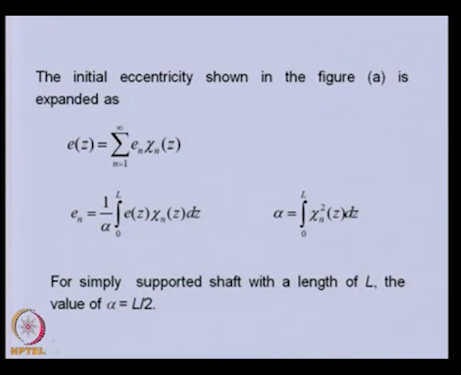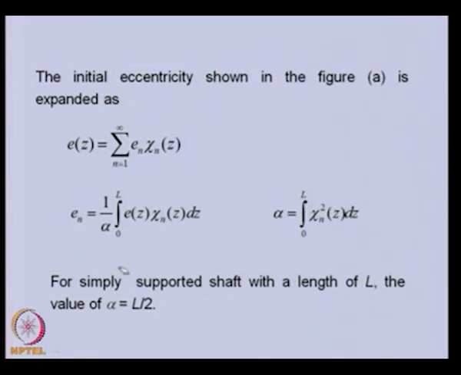Coming to the initial eccentricity, which we have shown in the first figure, we can express that in terms of an infinite series in the form of some constant and the eigenfunction. This constant, as we have seen earlier, can be expressed like this, where alpha is given by this.